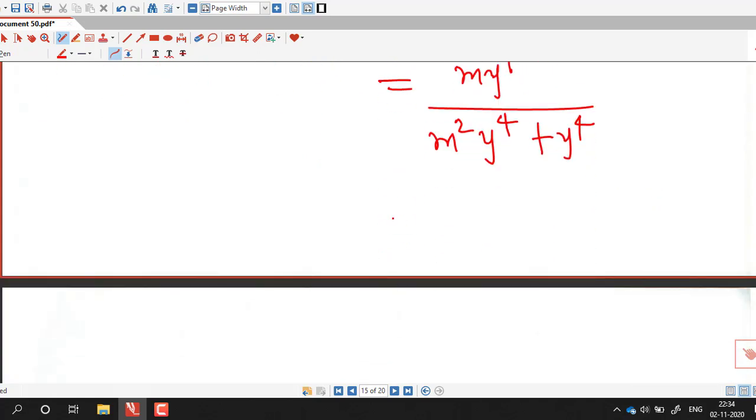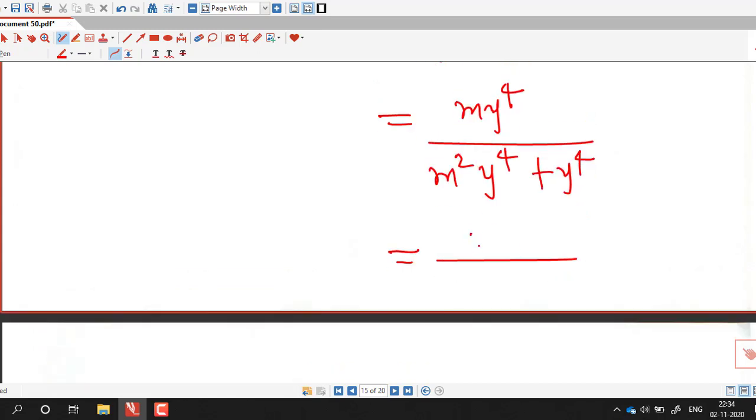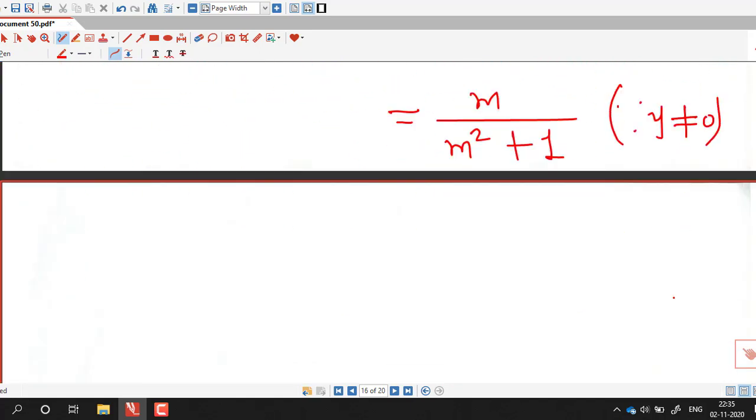And because y is non-zero, y raised to 4 is non-zero, and we are able to cancel out y raised to 4. And we are left with m over m square plus 1. So because y is non-zero, we are able to find out that our function becomes a function of m along the parabolas x equal to m y square.